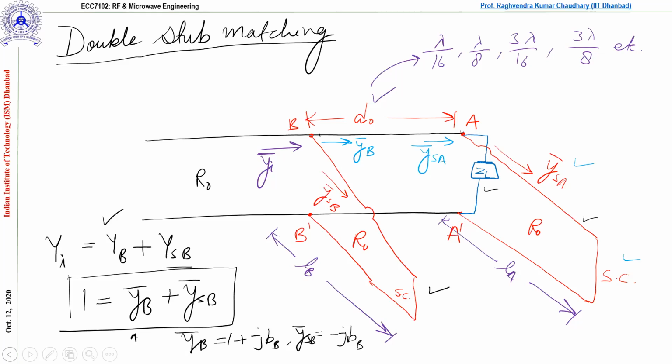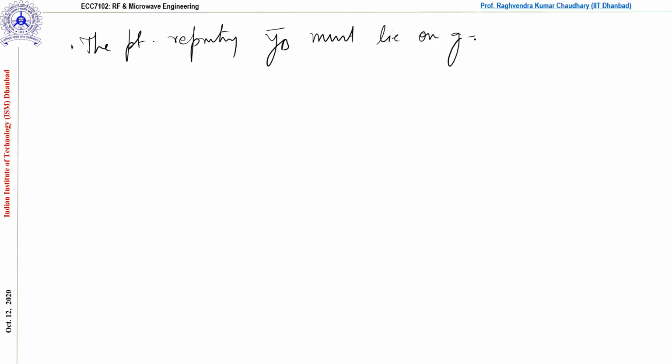Fine. Now the next point is that the point representing YB bar must lie on the G equal to 1 circle.